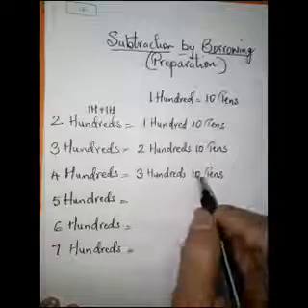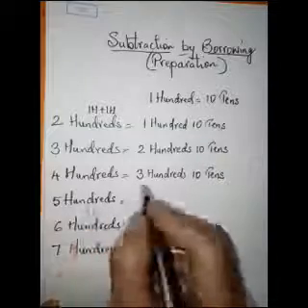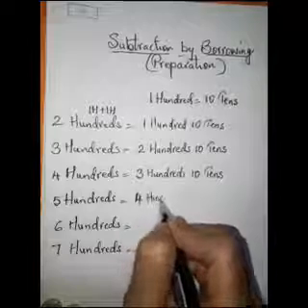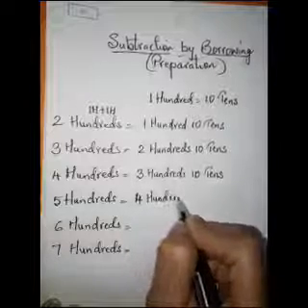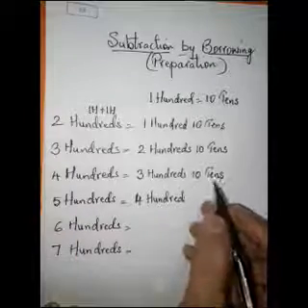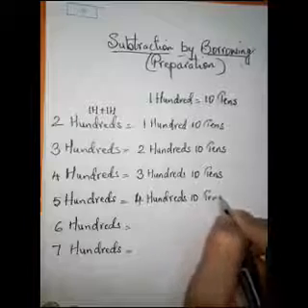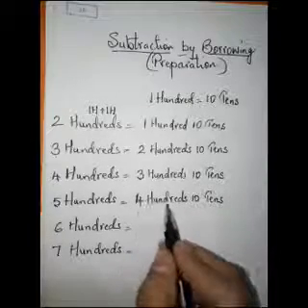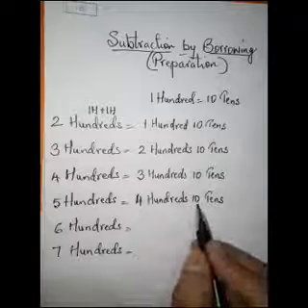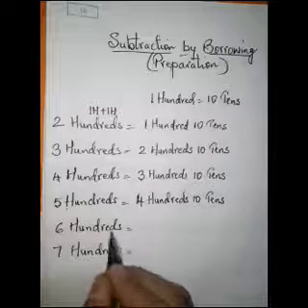So that is 400s. Now this is 500s. Let's write 400s and 100. Let's convert it into tens. So that becomes 10 tens. So this is 400 and 10 tens means 100. So 4 plus 1 becomes 500. This is 600s.